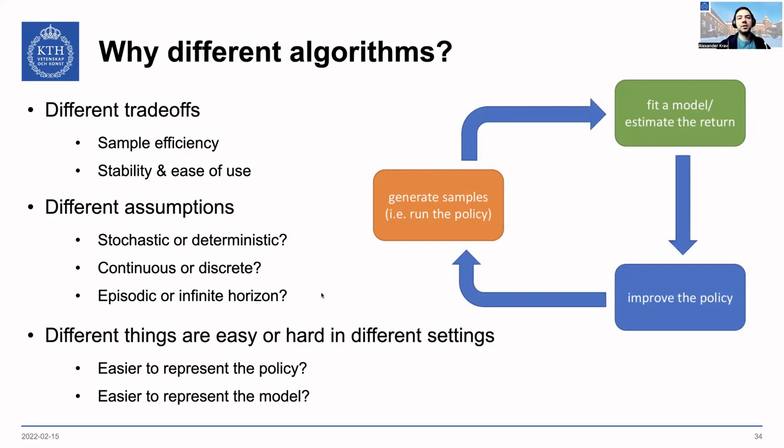With the infinite horizon or short-term horizons. And it also depends on the functional expressions for different parts of the model. So is it easier to represent the policy, or is it easier to represent the transition model?